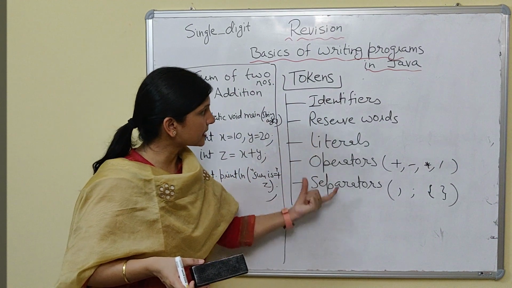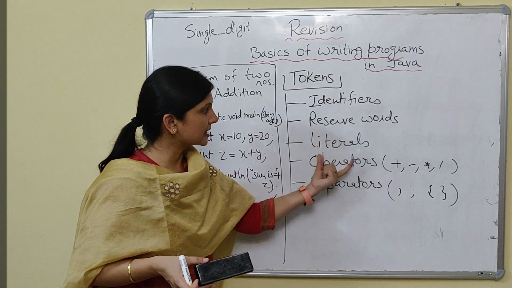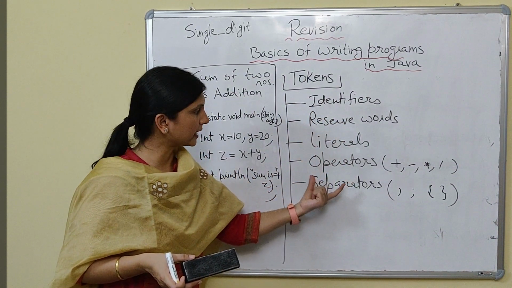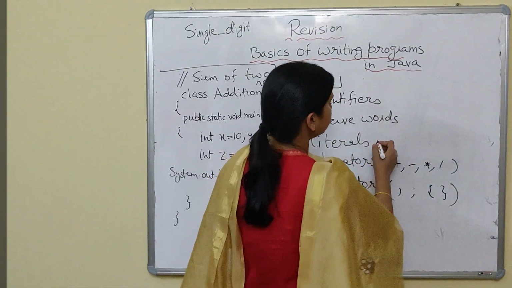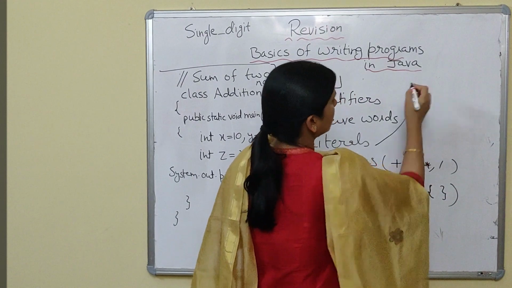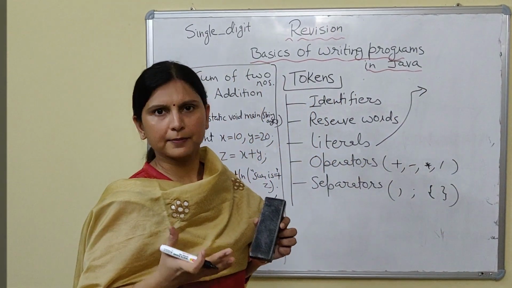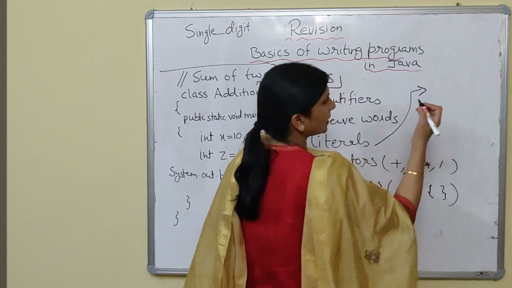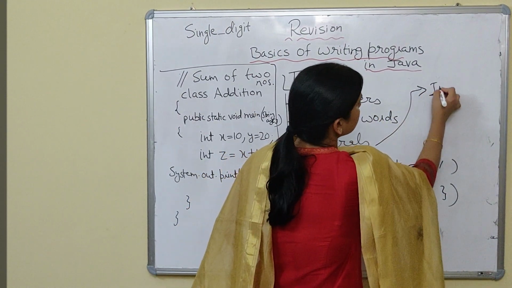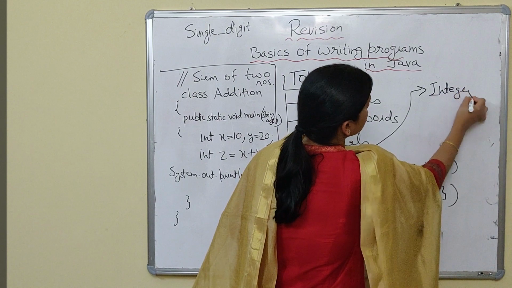These are the 5 types: identifier, reserved words, literals, which are the constants we use in the program. And literals we can again define. Literals are of 5 types. Which ones? Integer literal.